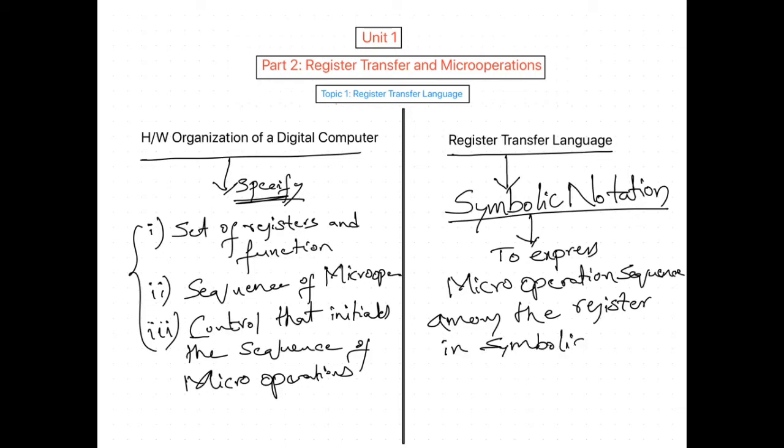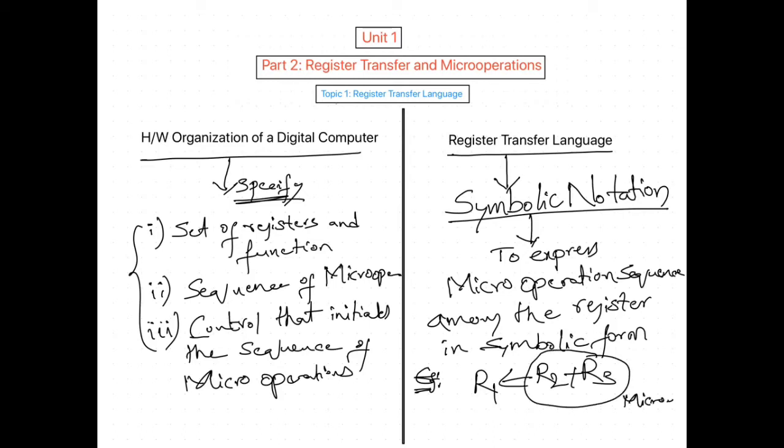We'll see one example, then we'll understand. Example: R1 ← R2 + R3. Here the first micro operation is that R2 plus R3 must be added. The next operation is the transfer operation, the second operation. So the control will add these two contents and transfer the added result to R1.